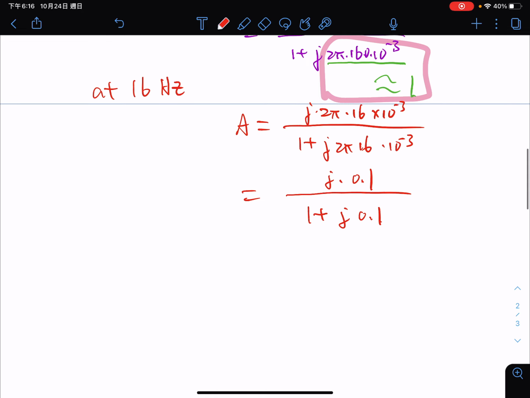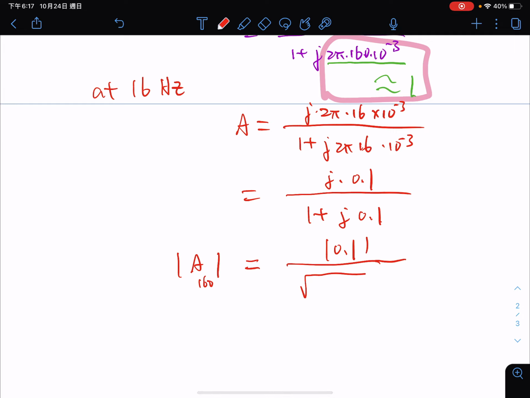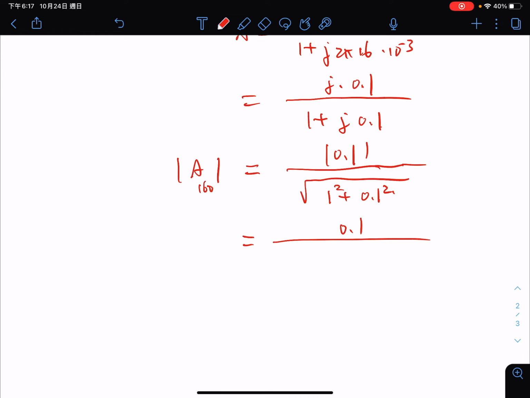And how much will that be? The absolute value of A at 160 hertz is 0.1 over the square root of 1 squared plus 0.1 squared, which is approximately 0.1 divided by 1, so 0.1.